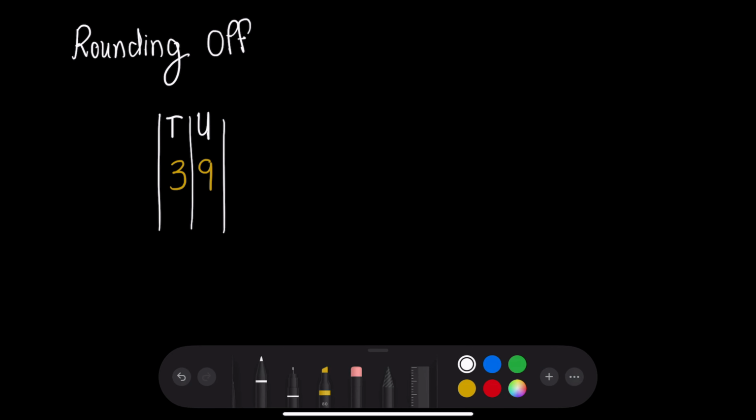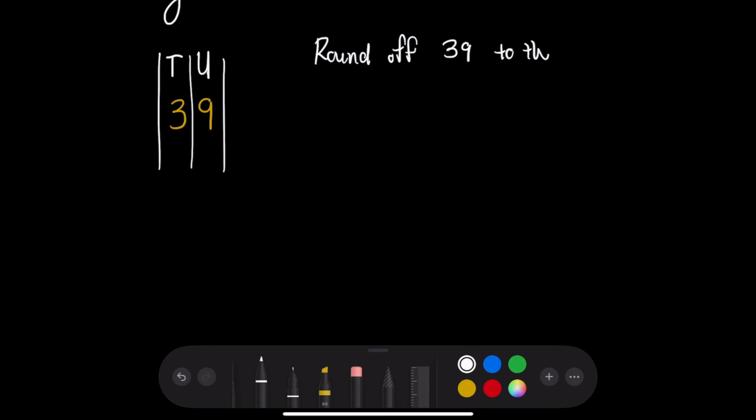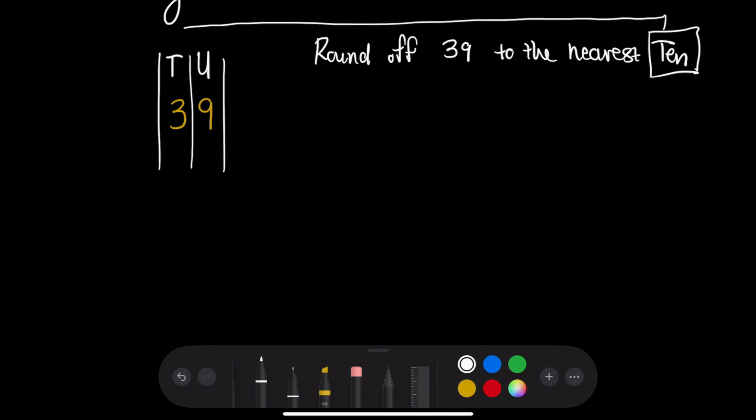Then when you think about rounding off, say the example says round off this number 39 to the nearest 10. This nearest 10 is referring to a column, and we know that this is the tens column.